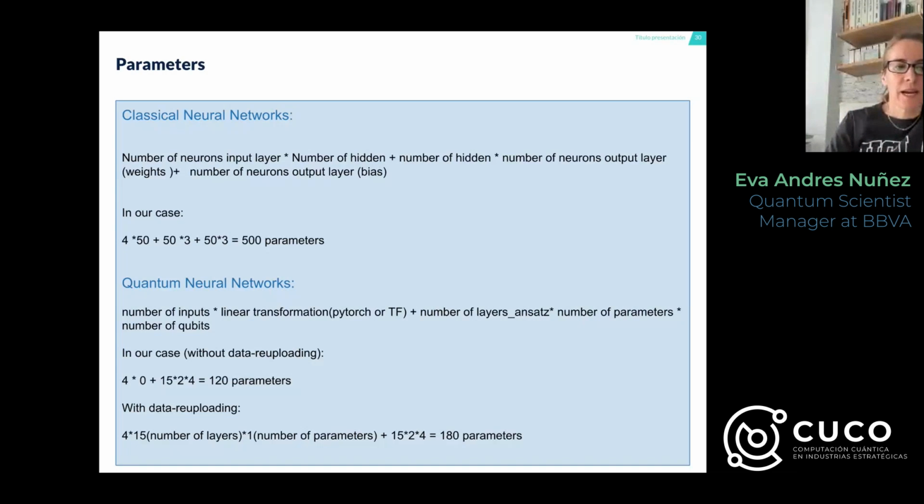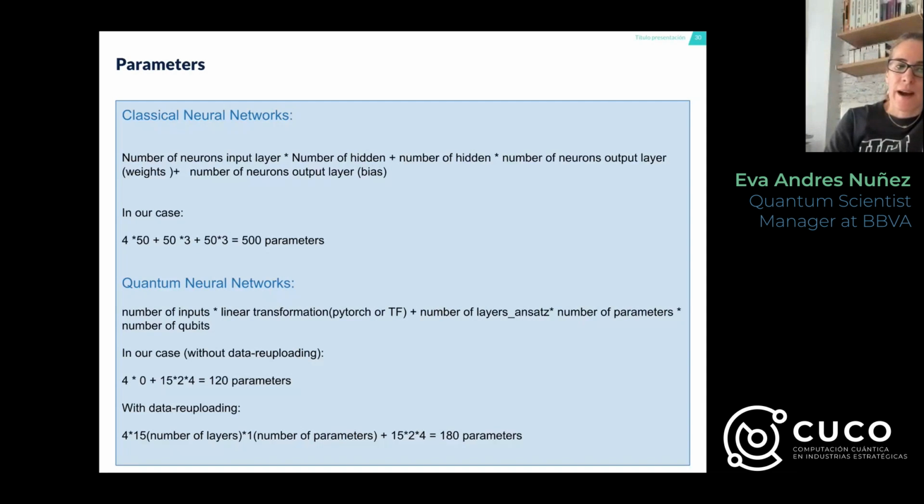And in the case of data reloading, we have parameters also in the encoding layers. So we have to multiply the number of layers 15 by the number of parameters 1 and the number of qubits 4, adding exactly the same as the previous formula without data reloading, because in this part nothing changed.